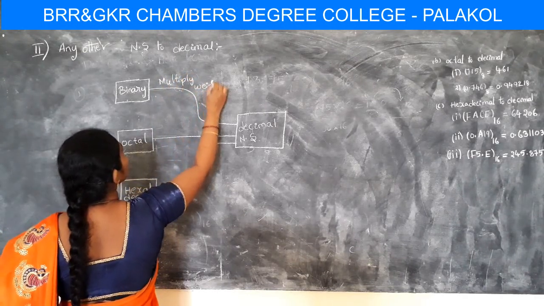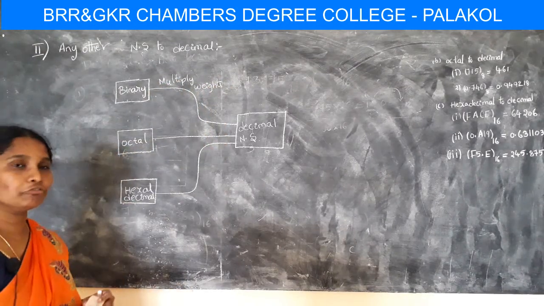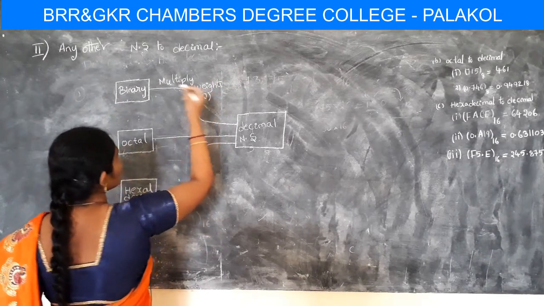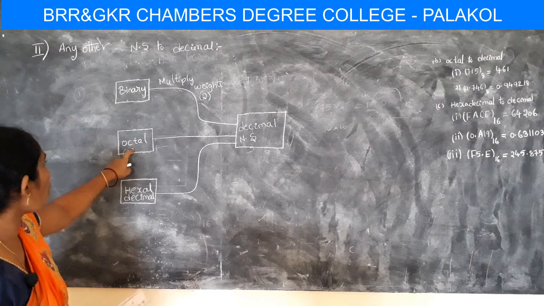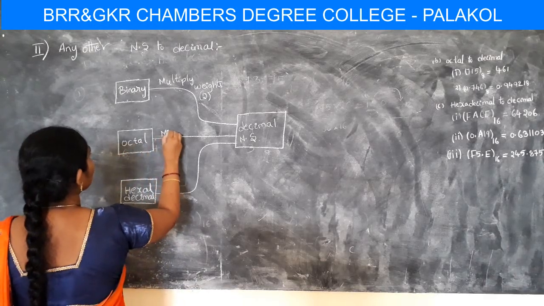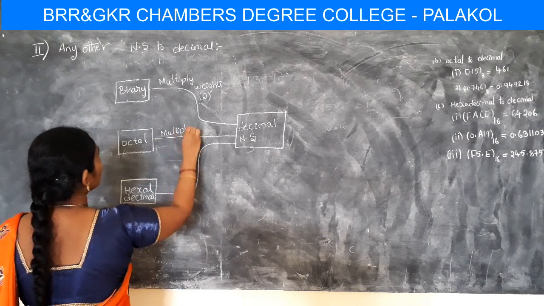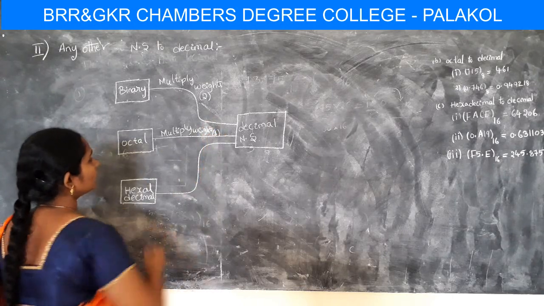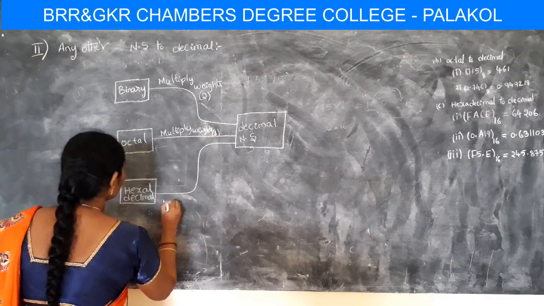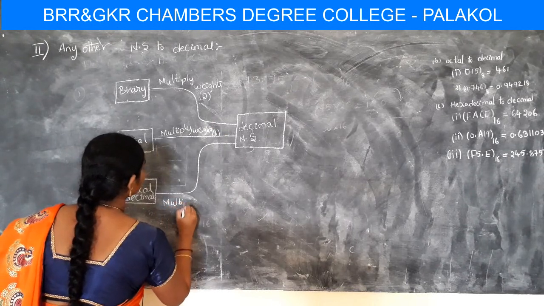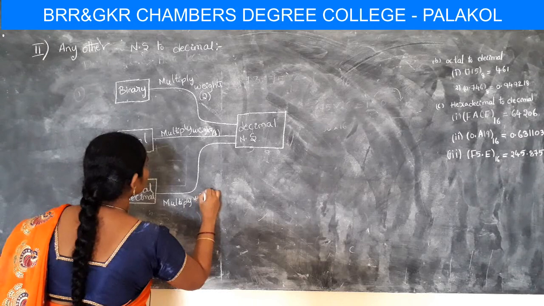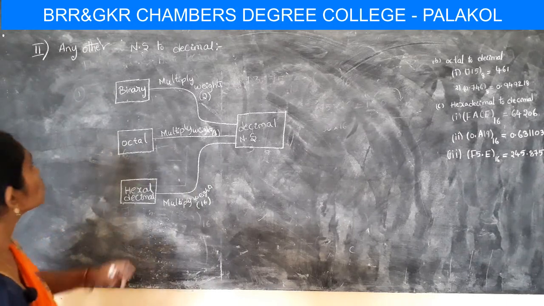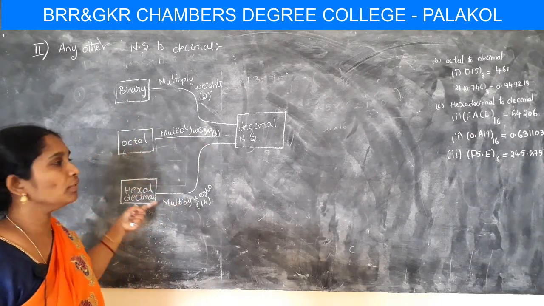For example, the weight of binary is 2, that means the radix is 2, and for octal we multiply with weights, that is 8, and for hexadecimal also we multiply with weights, that is 16. Okay. So this is the operation we will perform.